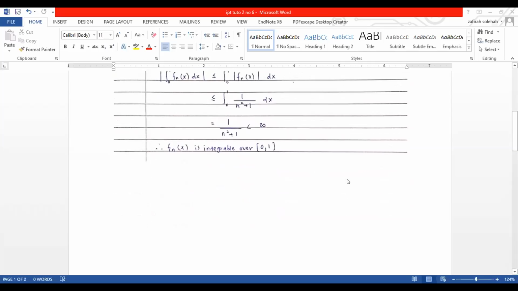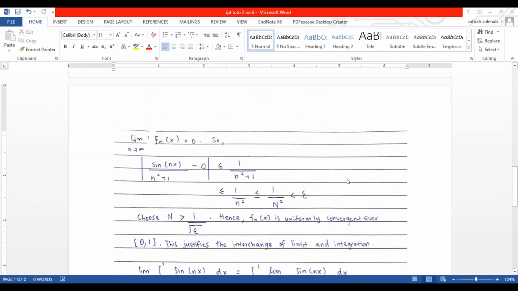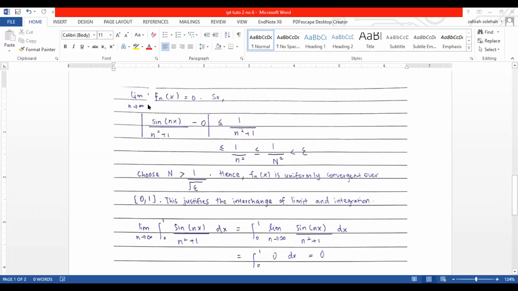And for the limit as n approaches infinity, fn(x) equals 0. So sine nx over n squared plus 1 minus 0 is less than or equal to 1 over n squared plus 1, and less than or equal to 1 over n squared, which is less than epsilon.